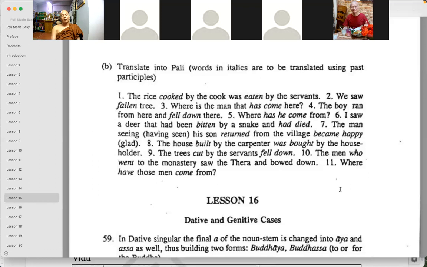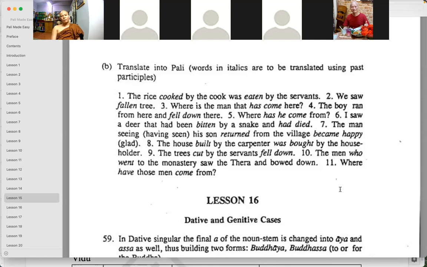Okay, thank you, Bante. So here patito is okay, but patito ahosi is also okay, no problem. But ahosi and ati or atthi: atthi has the sense of there is. Is there something, or there is something, that sense. But verb to be, ahosi, is just to be.